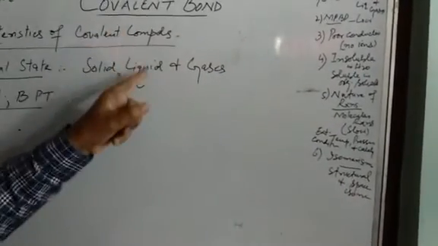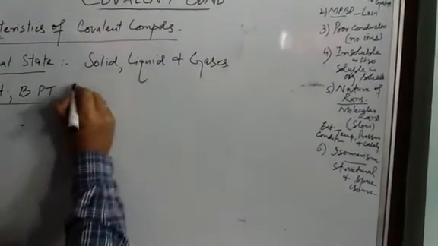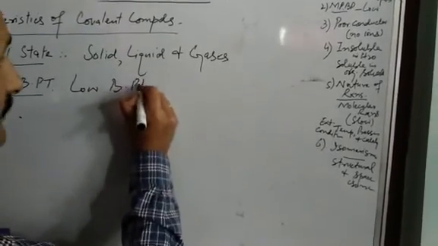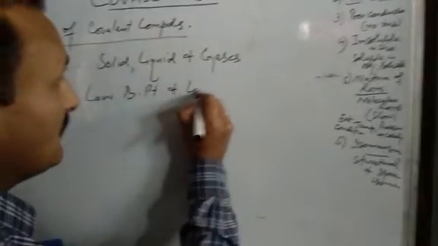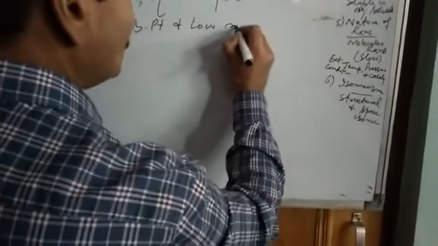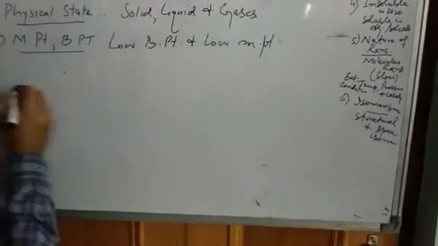So these compounds have low boiling and melting points. Reason very simple, that the bond in these compounds is a weaker bond.